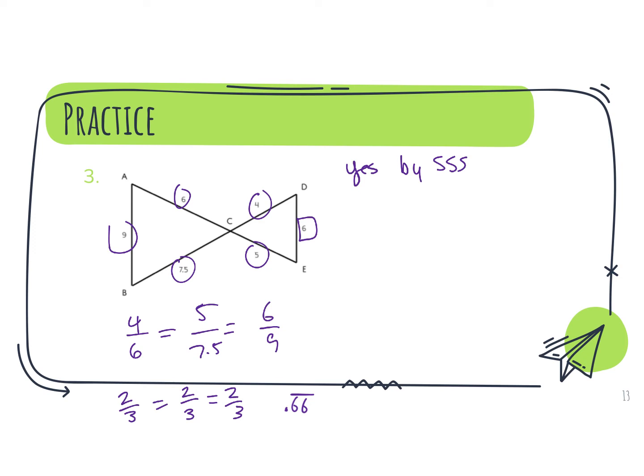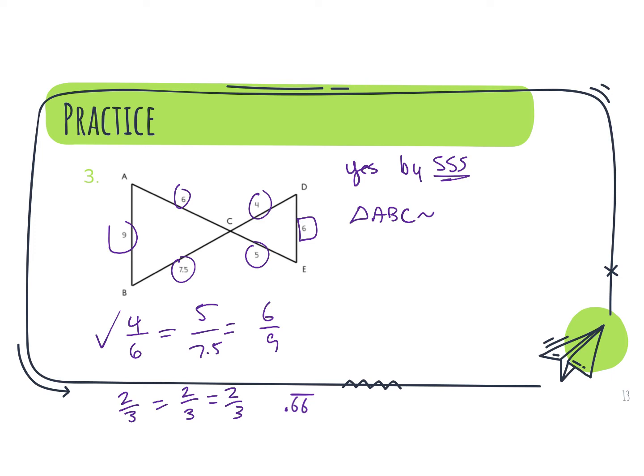So if I said all three sides are in proportion, which I've got, then I can say triangle, and I'll start with ABC. It doesn't really matter how you start as long as you match up correctly.